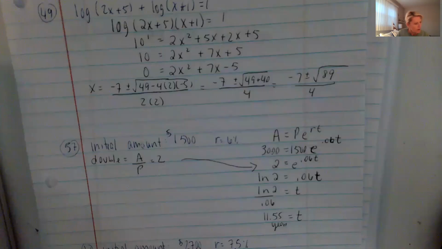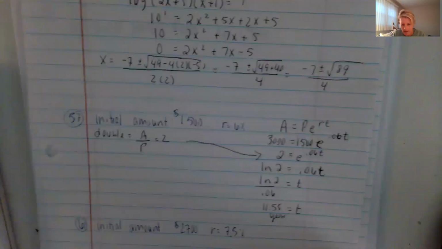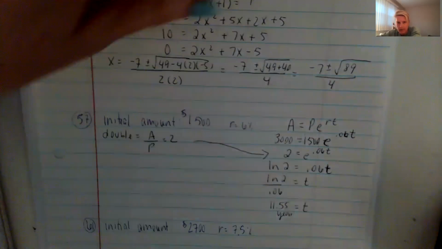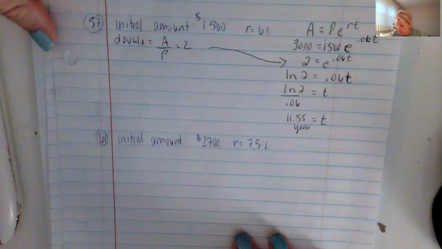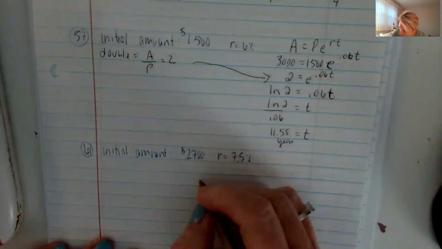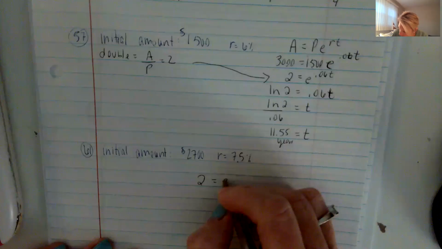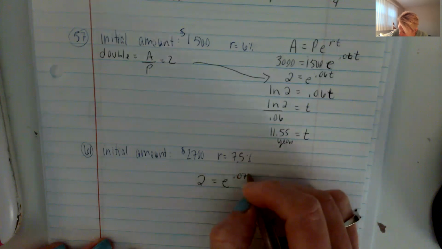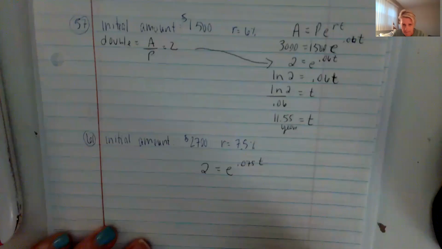So 61 is asking us to do the same thing. And because it's a doubling, we can skip to the 2. So we know that we're doubling, and it's going to be e to the 0.075t.